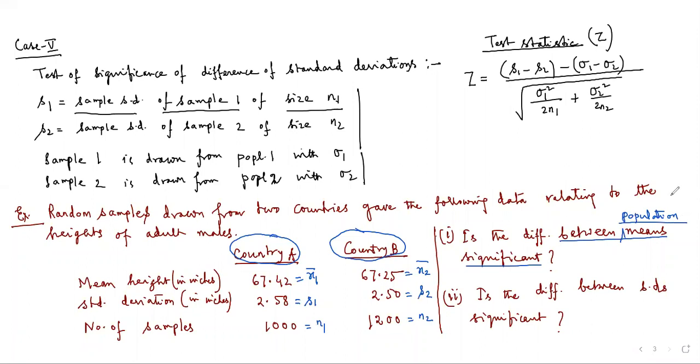The question is whether the difference between the population means is significant, and here it is whether the difference between the population standard deviations is significant.